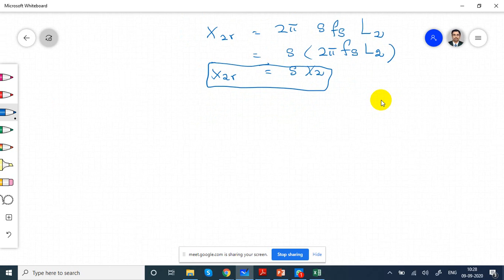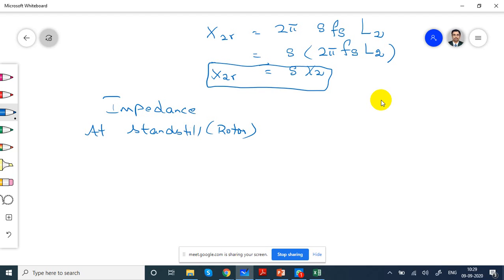The impedance formula for the rotor at standstill, the notation is Z. Z equal to R plus jX, in ohm per phase.